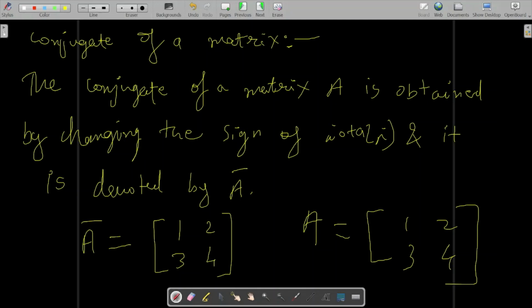But as soon as I introduce an iota term, suppose 1 plus i, then this i will be replaced by minus i, and the conjugate will look something like this. So the example is very clear.